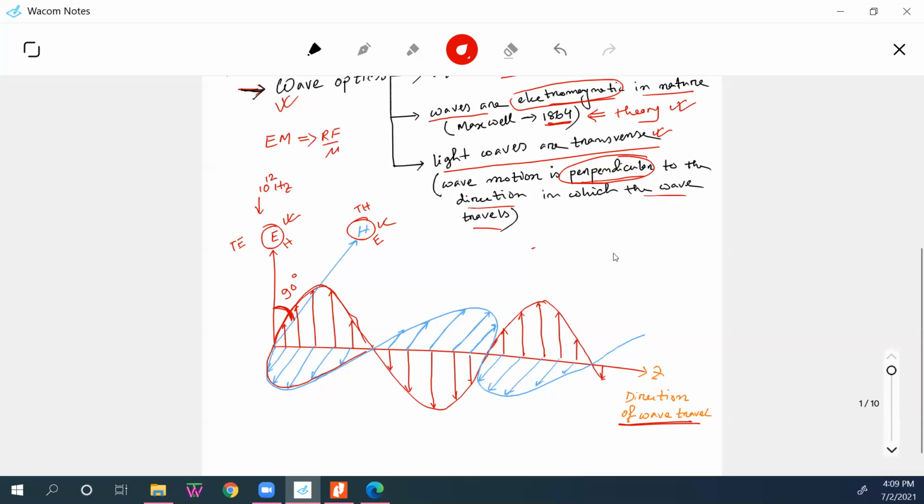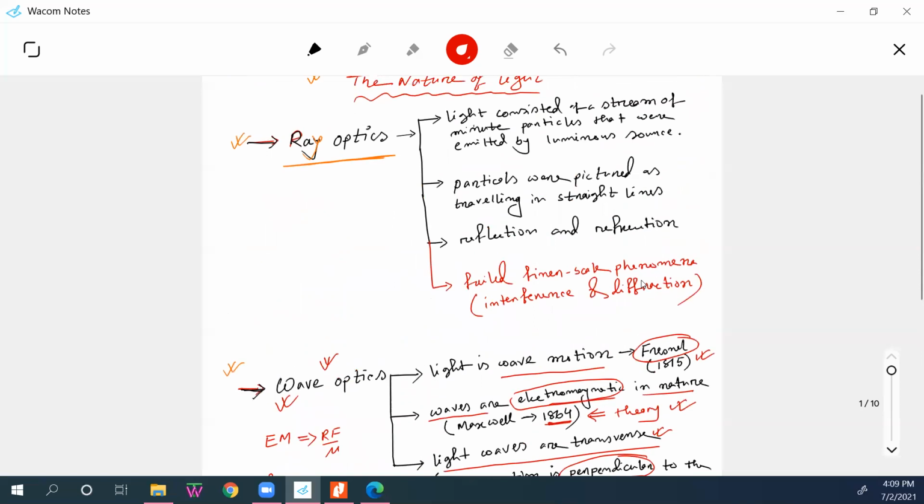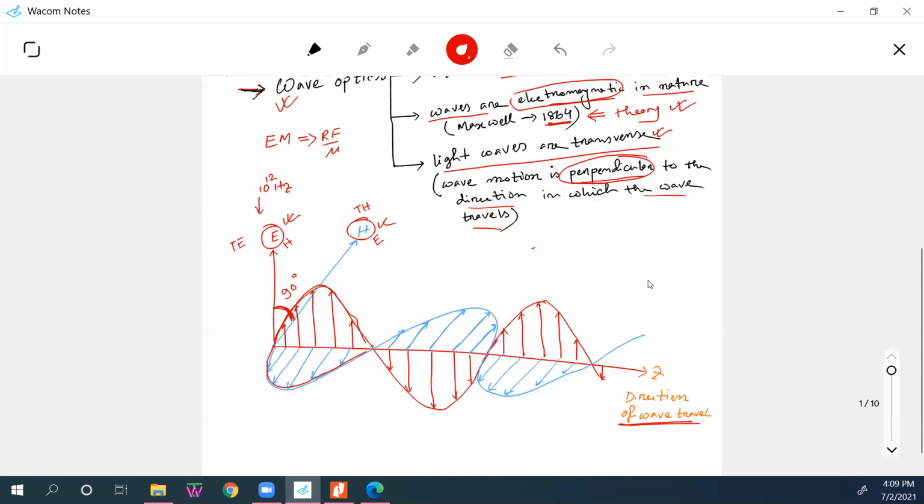Now, from a wave optics point of view, you see why we proposed wave optics: because ray optics cannot deal with finer scale phenomena. What does it mean? When we say light is a wave motion, the wavelength means one complete cycle, like this, lambda.